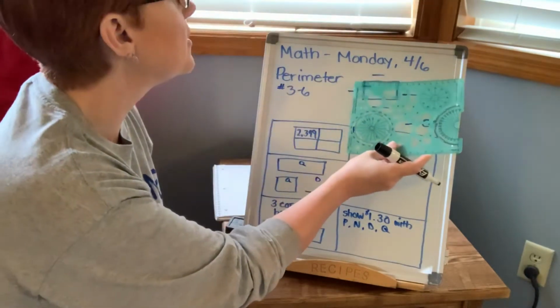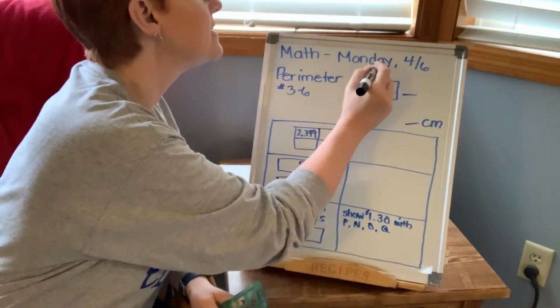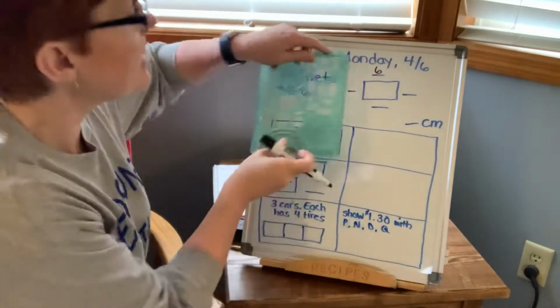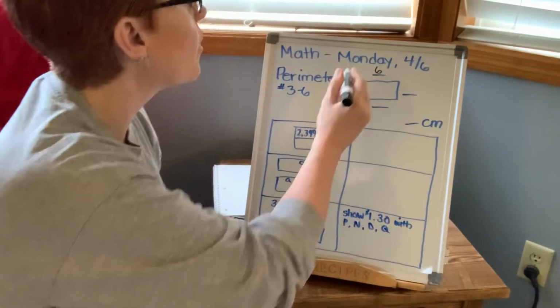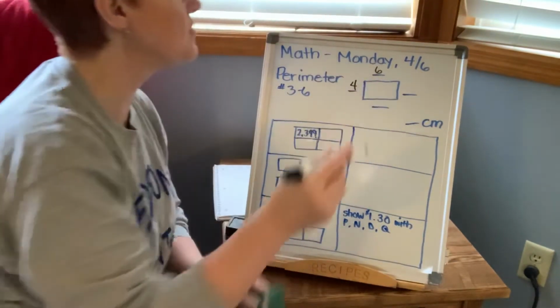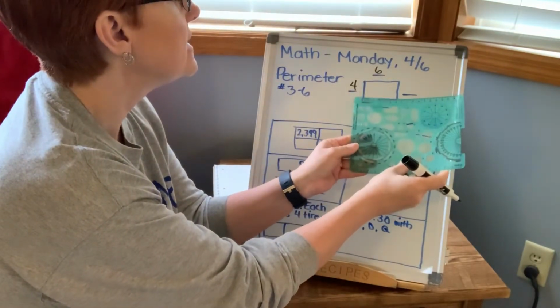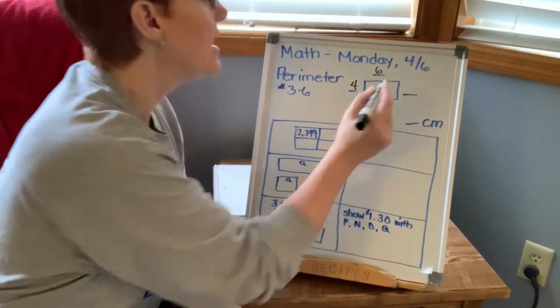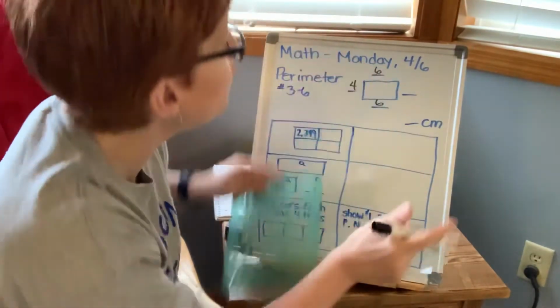So always start at 0, and I'm going to put it on here, and this side is 6. And then I'm going to come here and I'm going to measure, and this side is 4. It's just past the 3.5, so it's going to be 4. This side is 6. And this side is, let's see, 4 also.